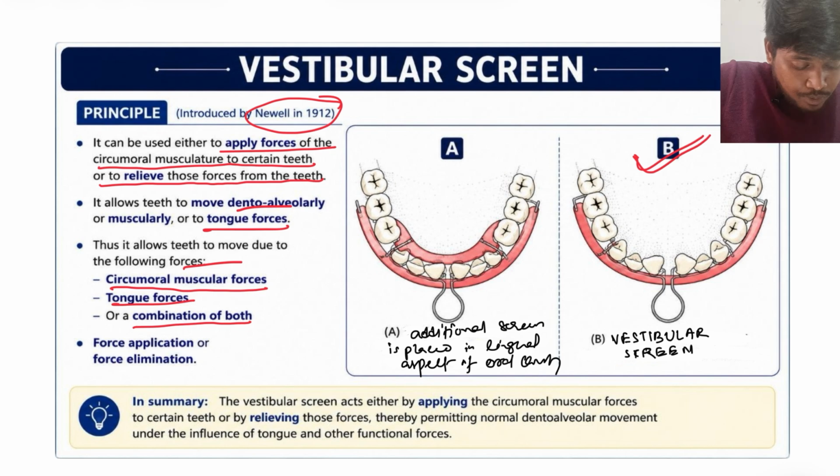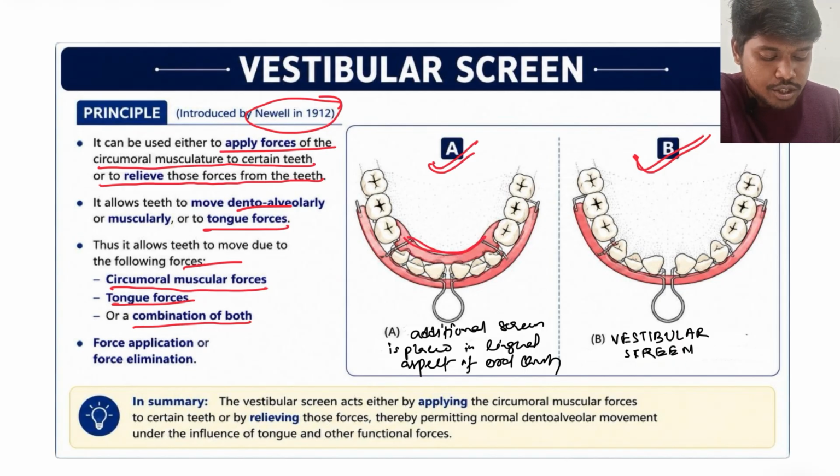Now you see one additional component is added inside, on the lingual side. This component is used for avoiding the forces of the tongue, and the labial vestibular component is used as a barrier for the muscular forces of the lips. Okay, lips or chin area.